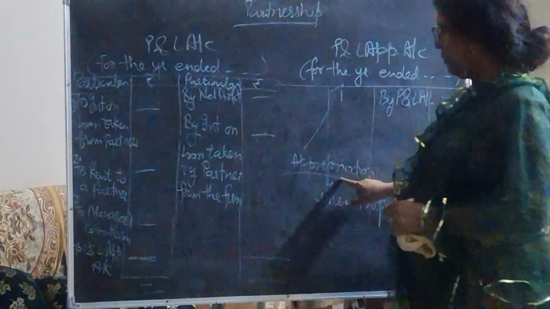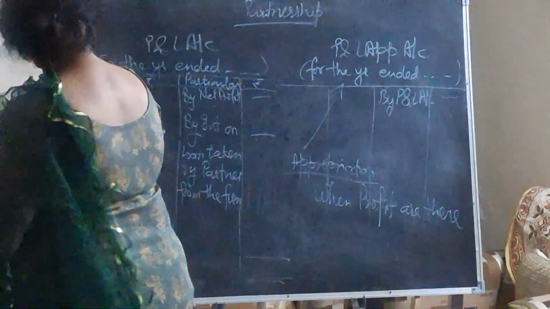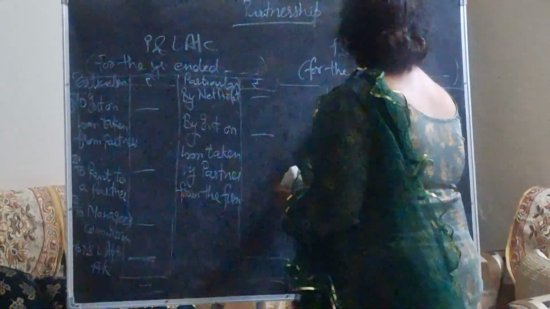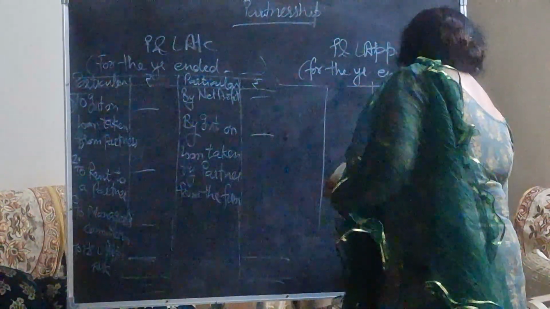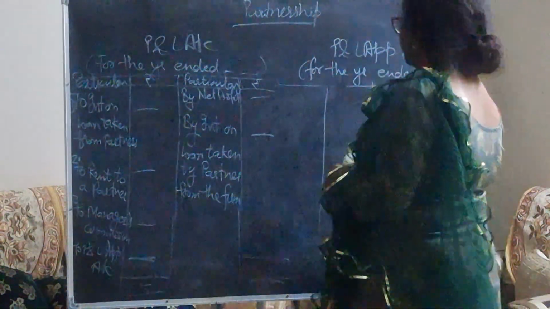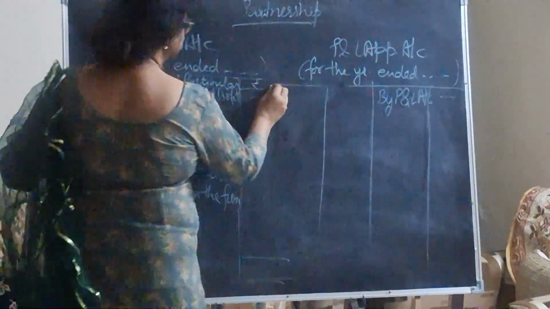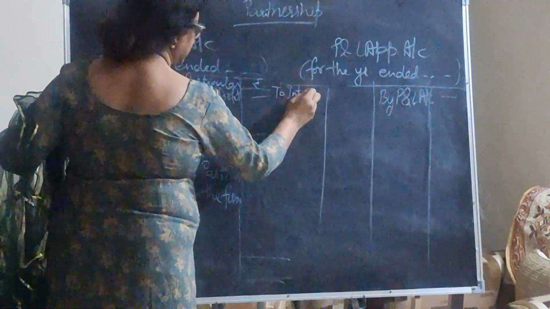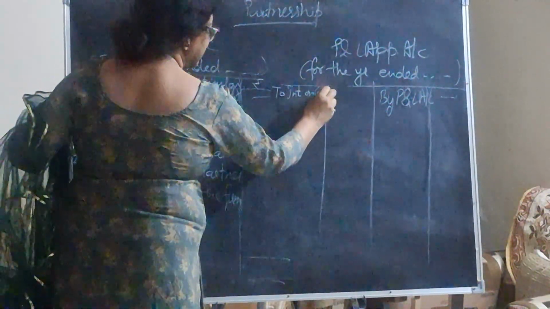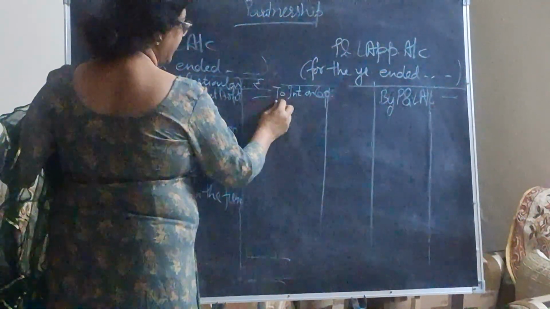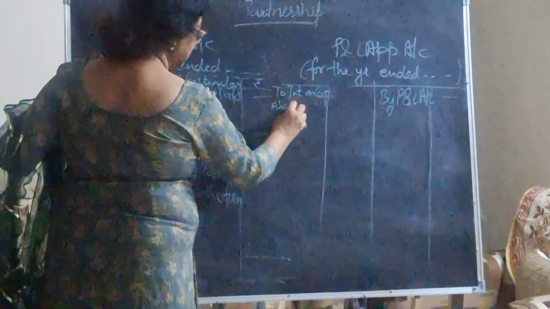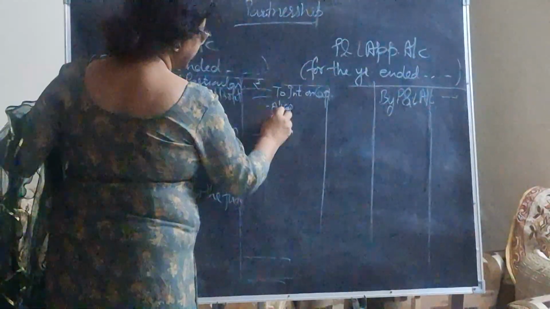Now we have to appropriate all these things to the partners. What are the elements of appropriation? The first is interest on capital. So we'll write A's capital, B's capital.